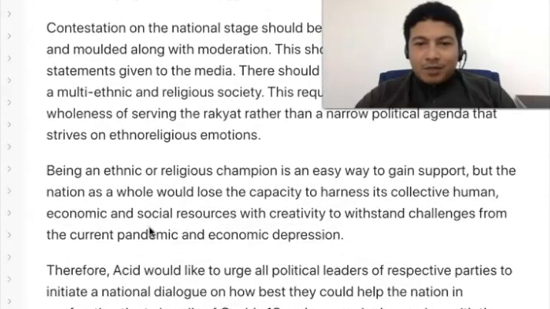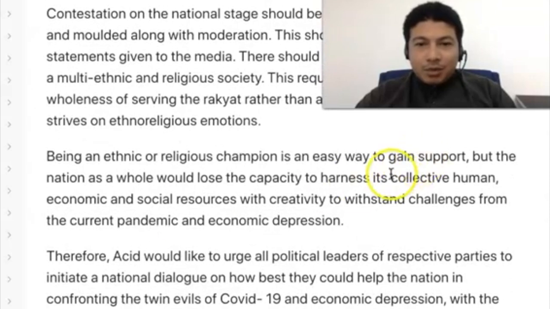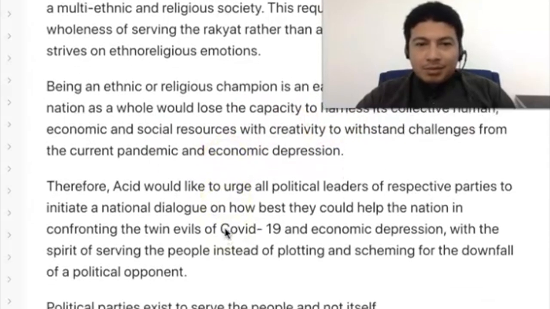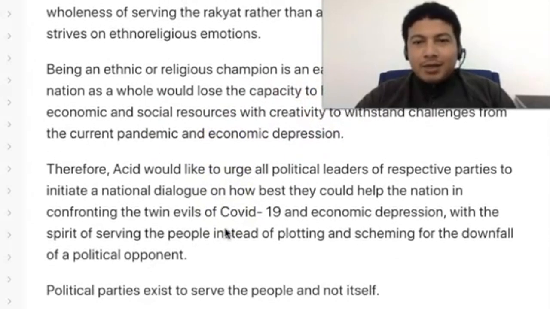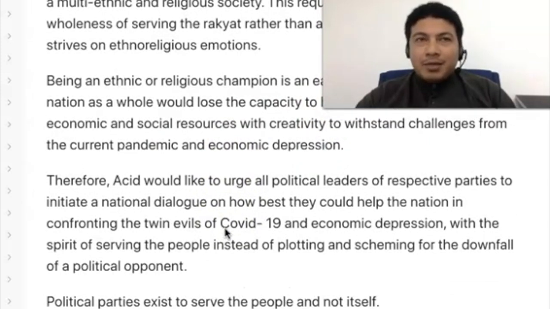taking advantage of the situation to gain support, and so this gives the implied idea that politicians are selfish. They don't really think for the people, but they actually think only on how to gain power to control the country.